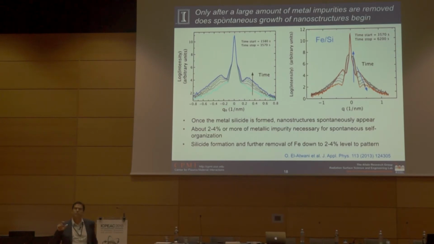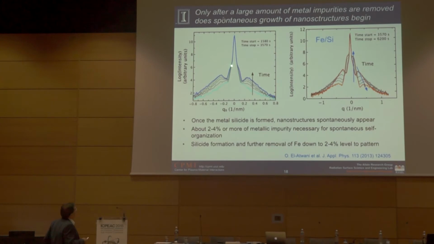So we were trying to tune the heat of formation for the silicides. For those silicides that were easy to form, we were able to form nanostructures at a lower relative percentage of iron, let's say, or metal silicide compared to another.